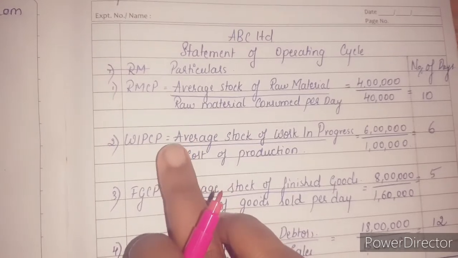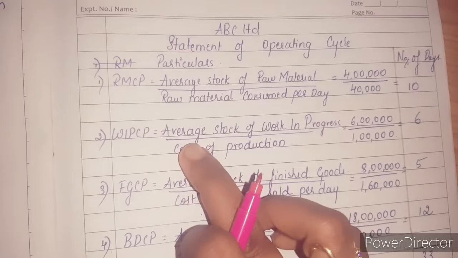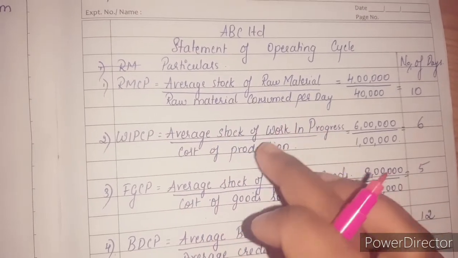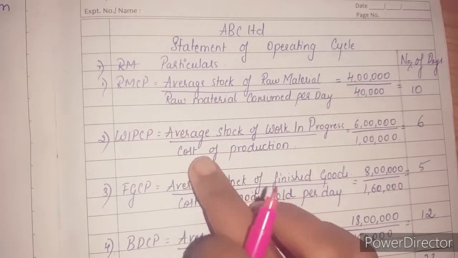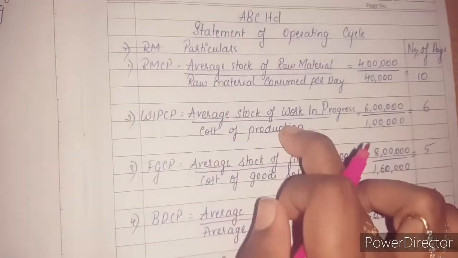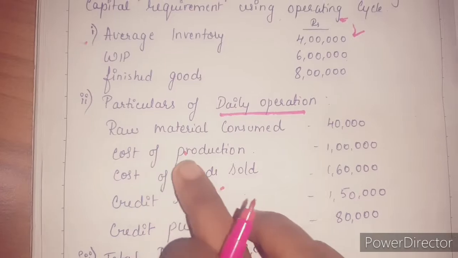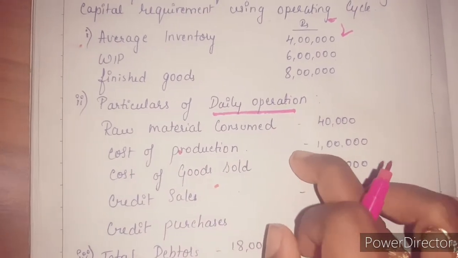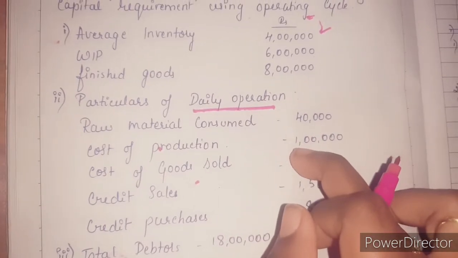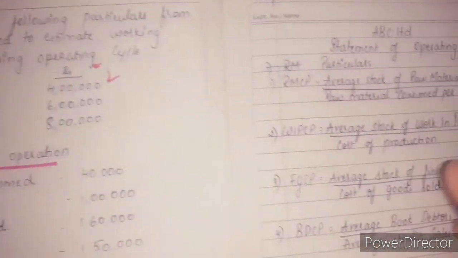Next, work in progress conversion period. Average stock of work in progress divided by cost of production. So work in progress is calculated on the basis of cost of production per day.